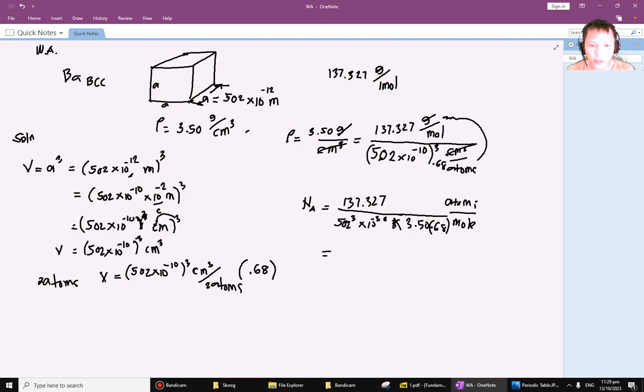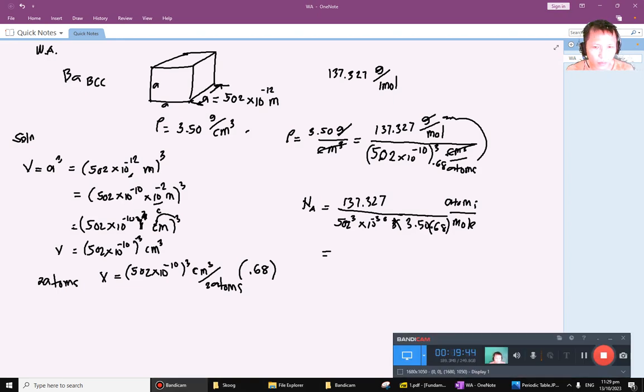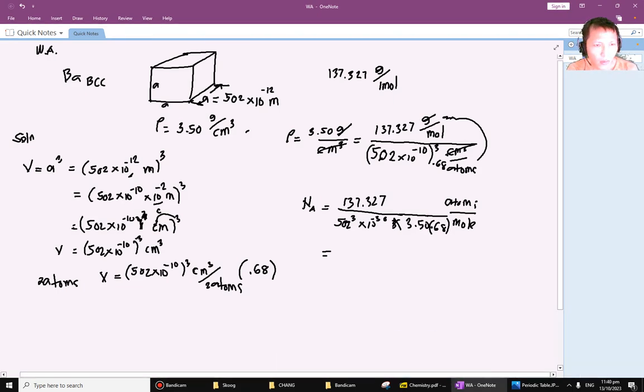I'll just pause first so that we're not wasting time. So I think the 0.68 is not needed here. Why? Because it only tells us that not all of the volume is occupied by atoms. In fact, we already have the two atoms which are occupying the unit cell.